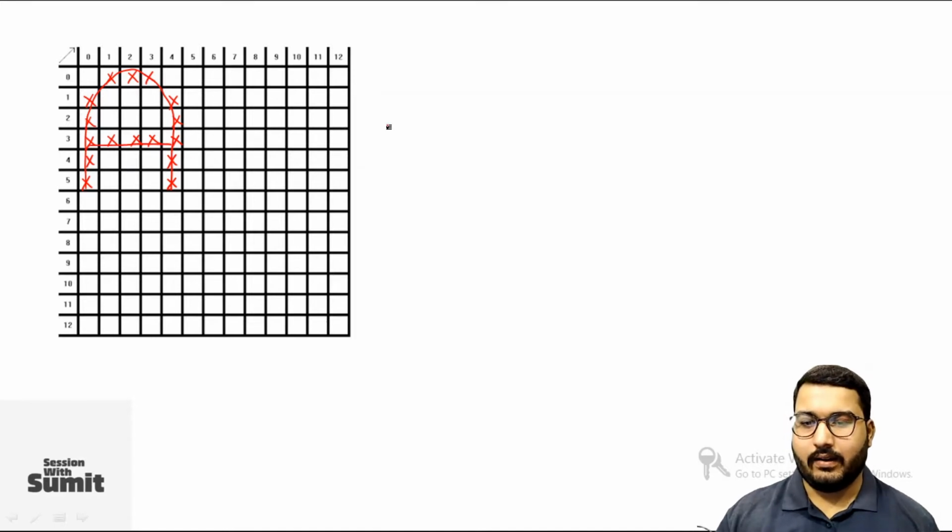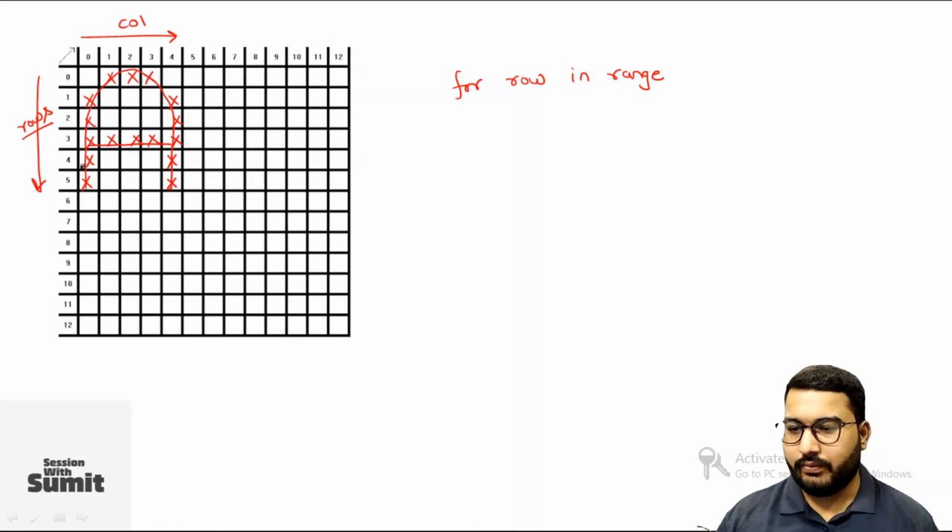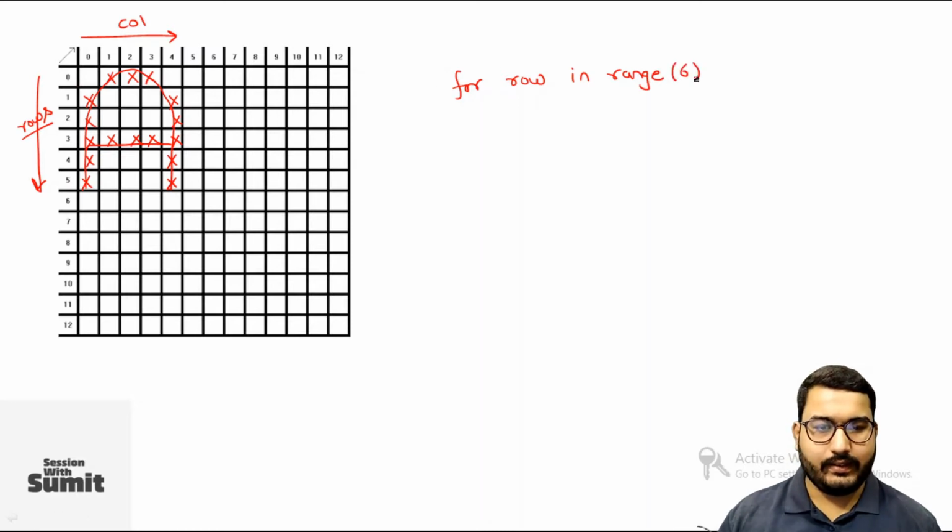Okay. Now what we need to do is first of all write two nested for loops. One loop will take care of my rows and the second one will take care of my columns. So this is my row and this is my col. Now I will start writing a for loop. So for row in range, and this will be from 0 to 5, so it will be range 6.